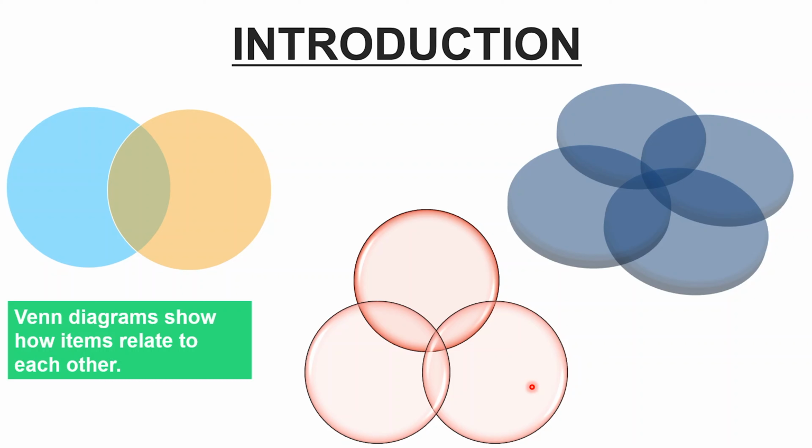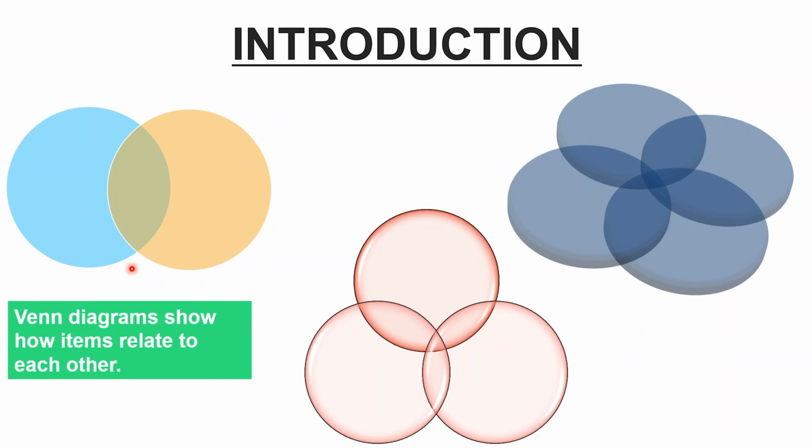A Venn diagram is a pictorial representation of the relationships between sets. We can represent sets using Venn diagrams. In a Venn diagram, the sets are represented by shapes, usually circles. The elements of a set are labeled within the circle.